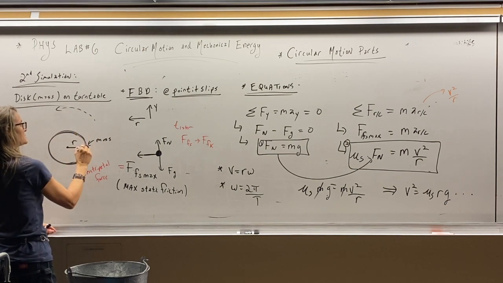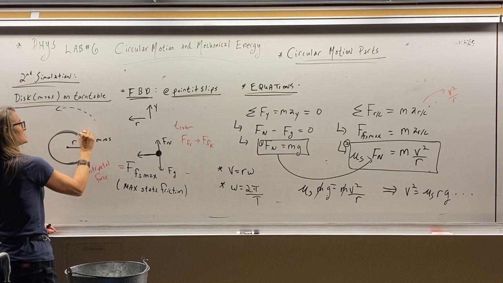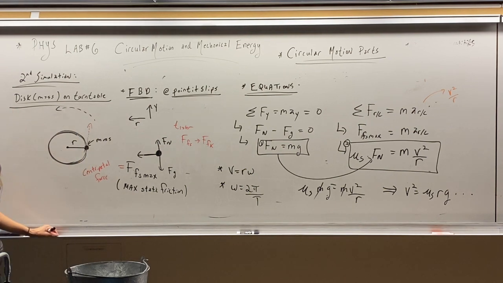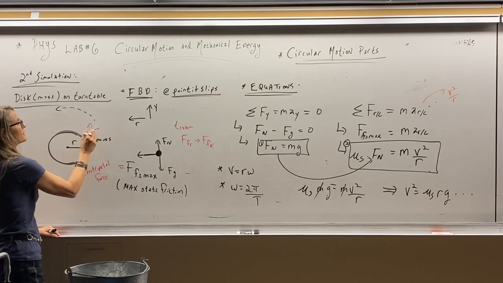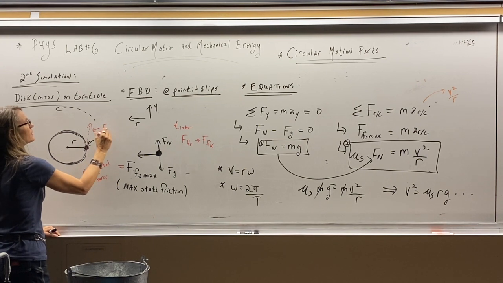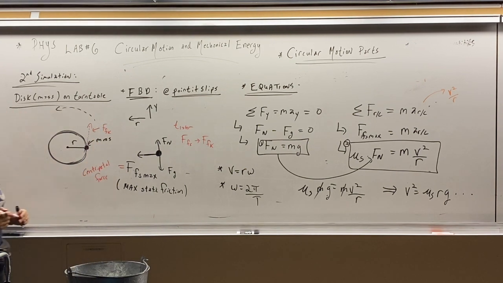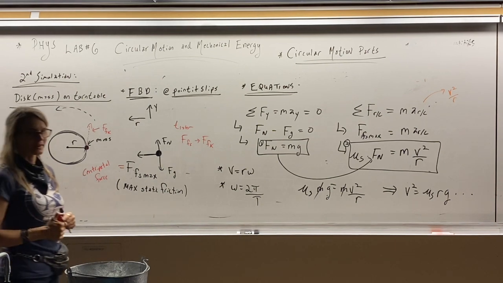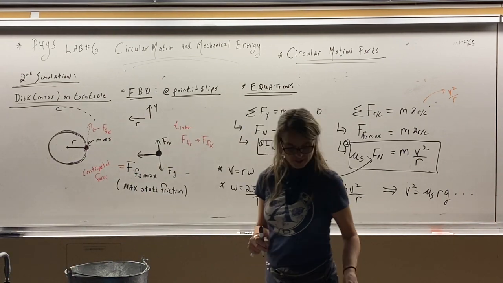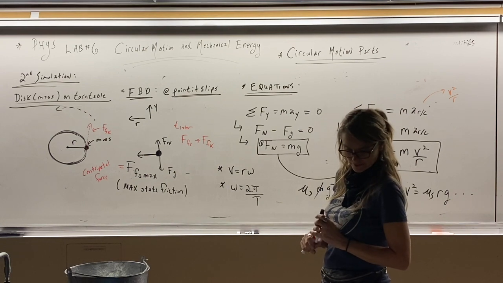So if we're rotating this direction, and it eventually slips, it's going to go off in a straight line path, and then this will be F kinetic friction, the kinetic friction force. Okay. And it shows you right on the graph on the force versus time graph. So get those data values.